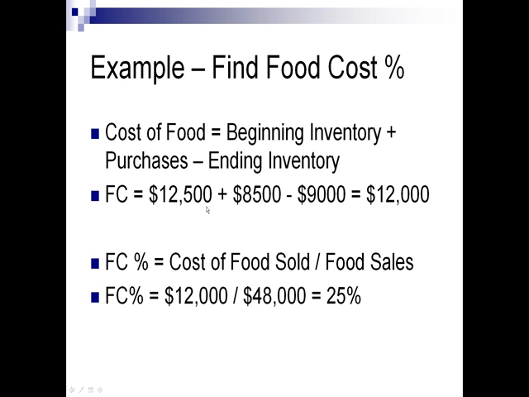So we take our $12,500 plus the $8,500 that we bought, subtract out what's left over, and that tells us that our food cost for this week was $12,000. To figure out our food cost percentage, we take that cost of food sold, $12,000, and divide it by our food sales of $48,000. So it tells us that we had a 25% food cost percentage for this period.